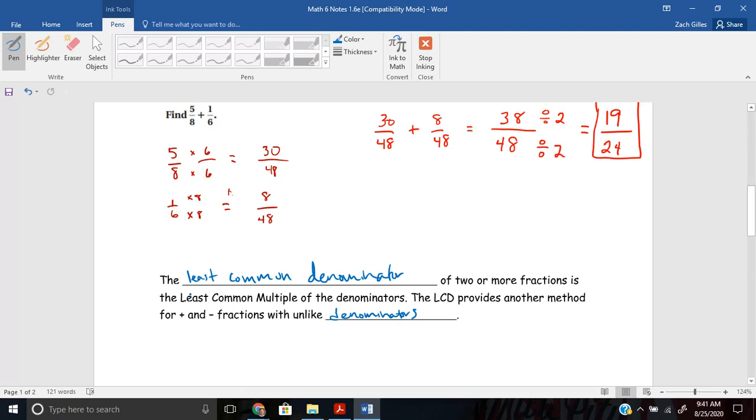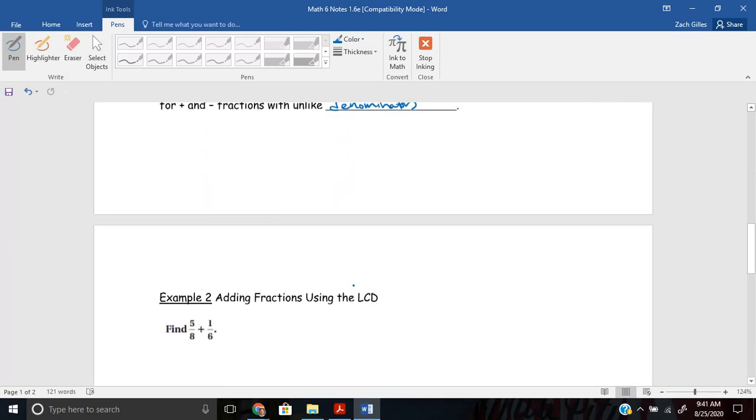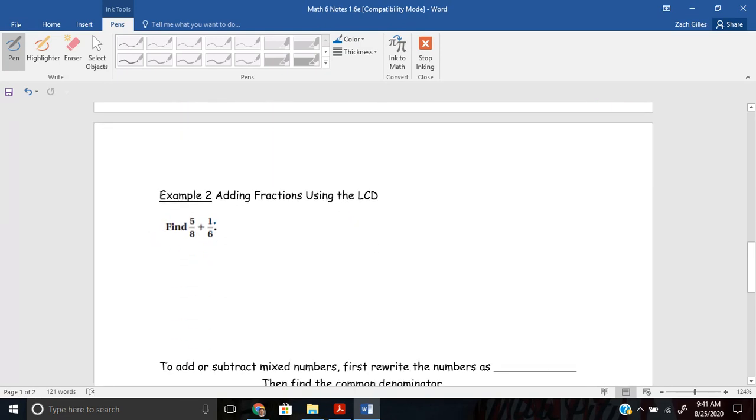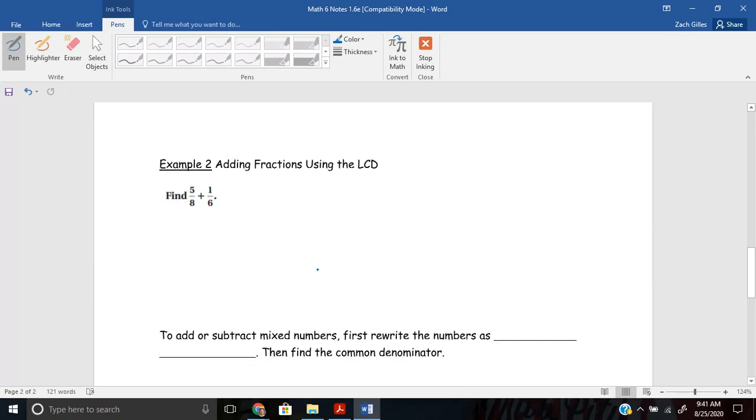We're just going to do it another way without multiplying by the denominator of the other fraction. We're going to multiply by the least common denominator. All right, so notice this is the same exact addition problem as before. And what we're going to do is find the least common multiple of our denominators.